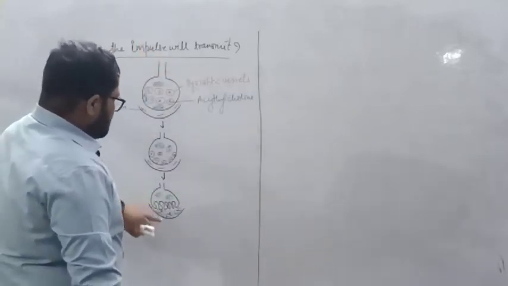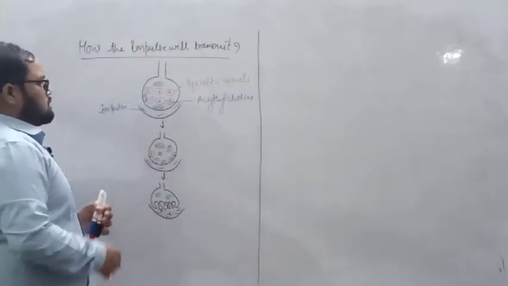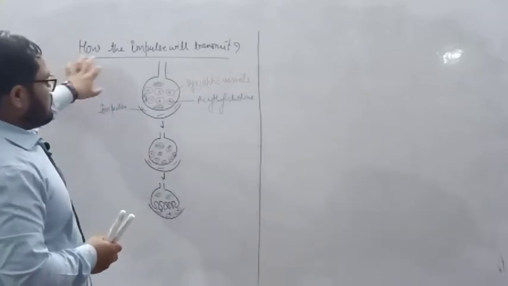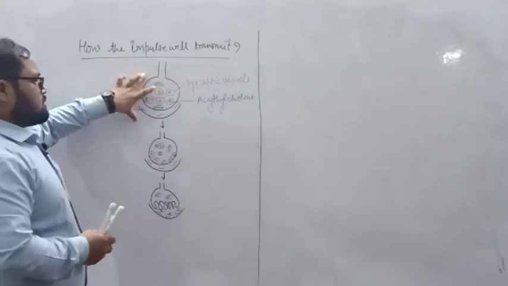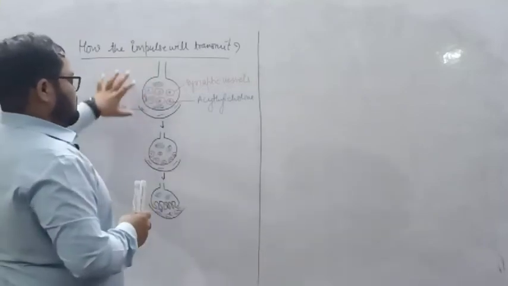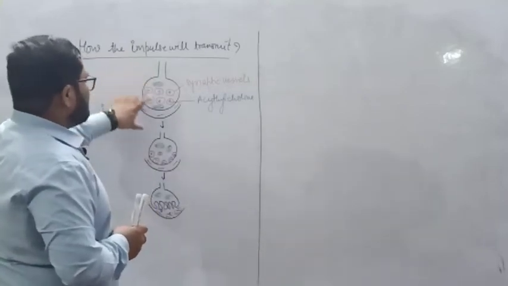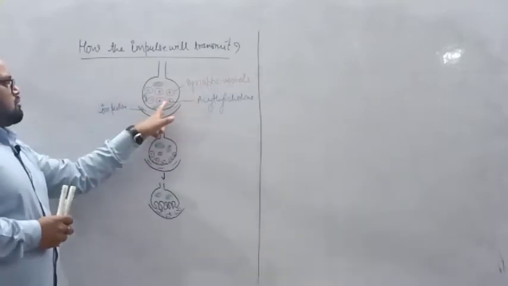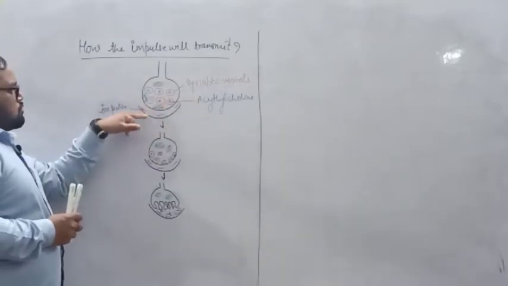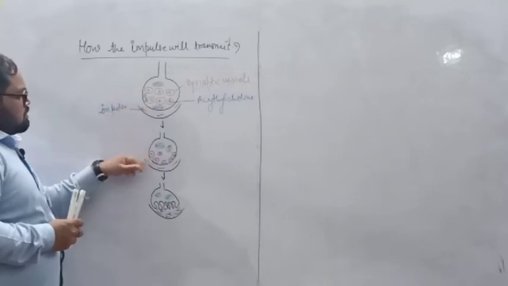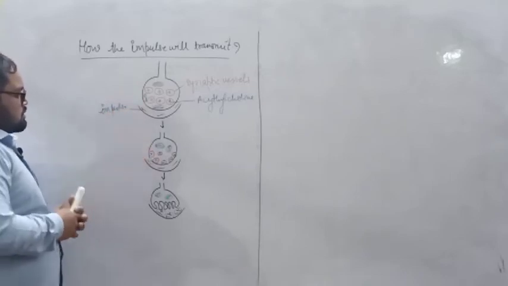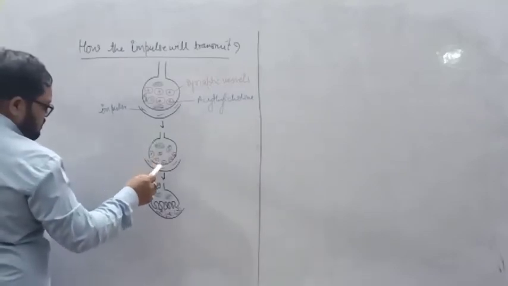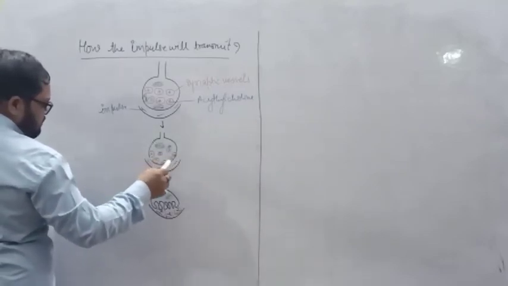Okay, so in this way the impulse will be transferred. Once again, listen very carefully. This is the structure of synapse, all things that you know about the diagram, but here you see that the impulse will always be in the negative form, and acetylcholine has a positive charge. Due to attraction between the positive and negative, the positive charge comes to the membrane of the synaptic knob.